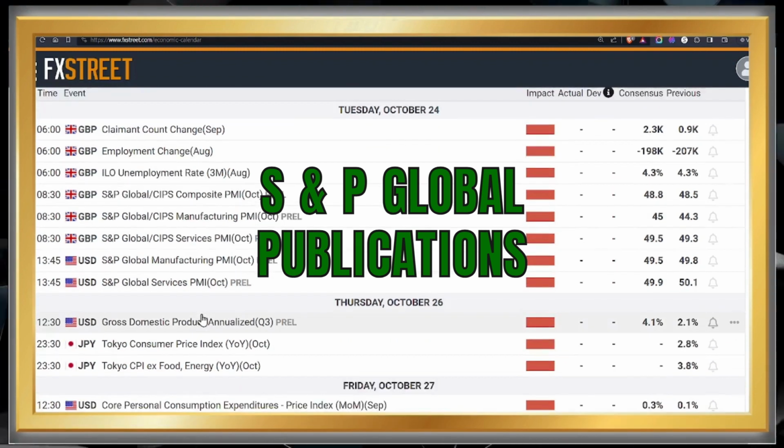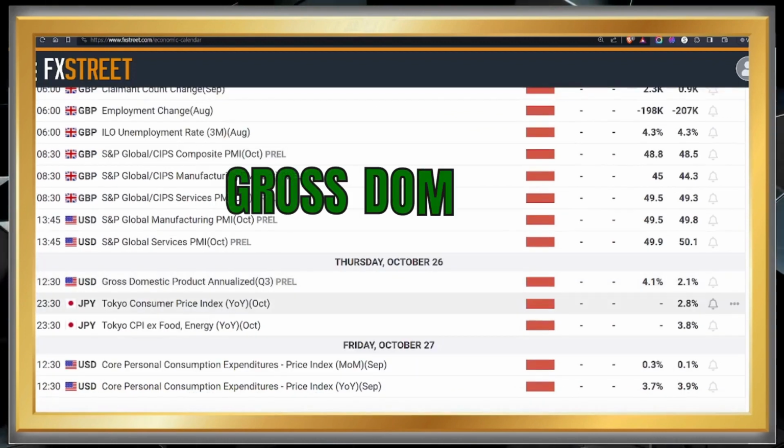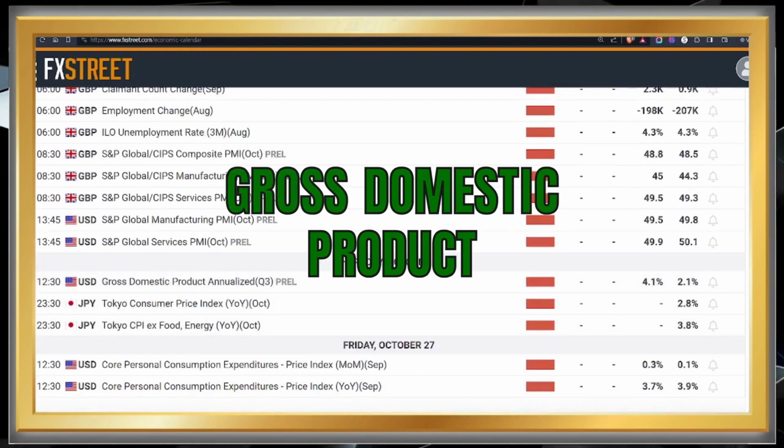Then on Thursday, October 26, we have the gross domestic product annualized for Quarter 3 from the United States economic docket. In fact, this is one event that everyone will be looking forward to, as it provides insight into the overall health of the U.S. economy.